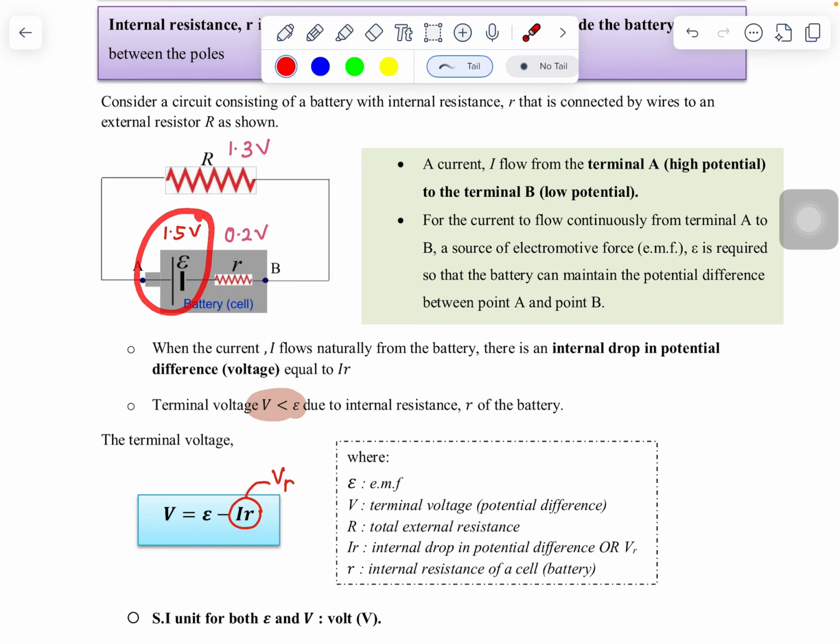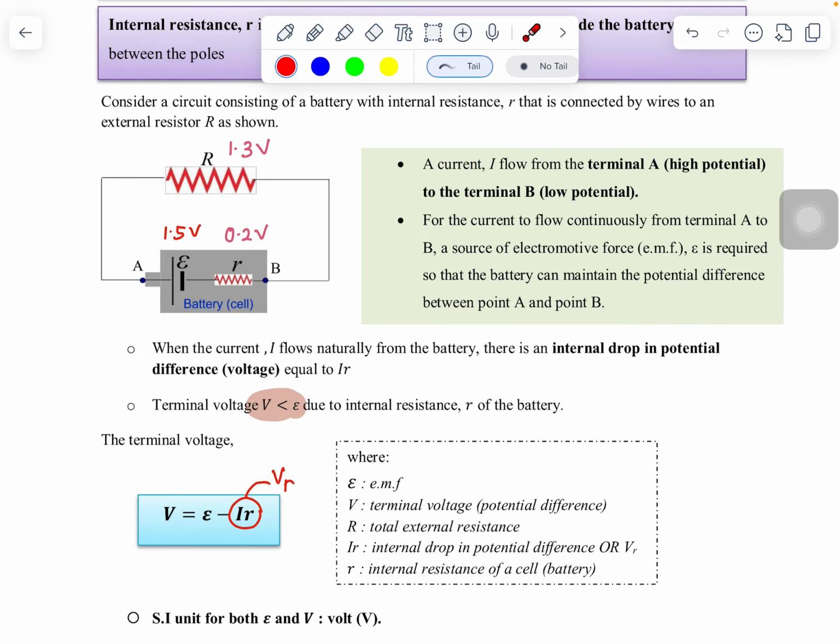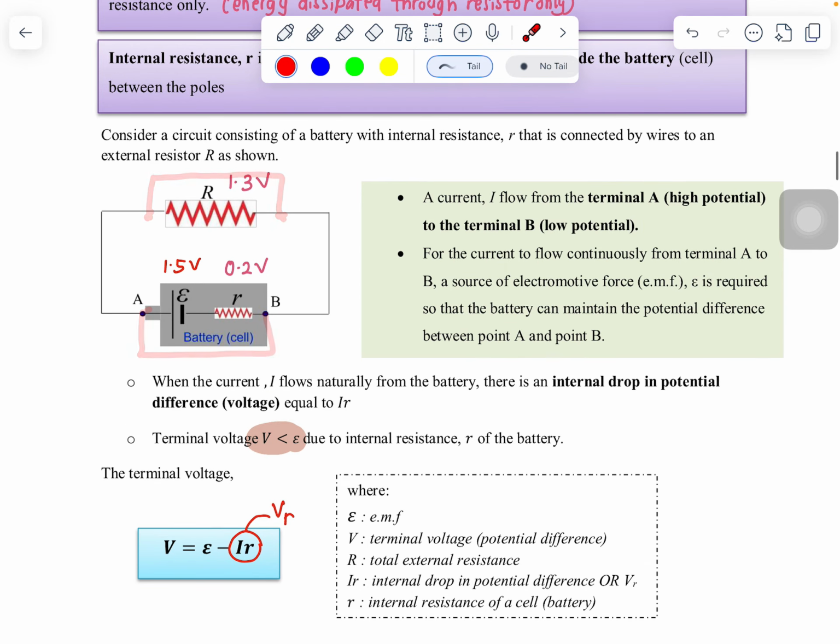So EMF minus the voltage at the internal resistance equals the voltage outside. The potential difference between A and B will be the same as the potential difference between here, because it's the same point across each other. That's why we call it potential difference. So that is the concept of EMF, V, and internal resistance.